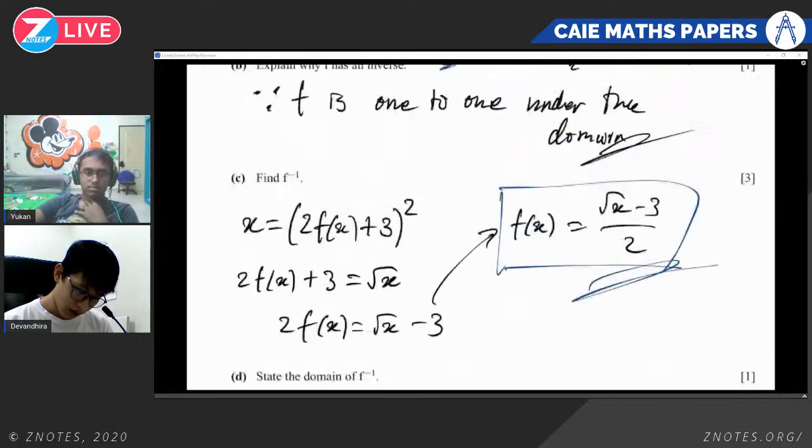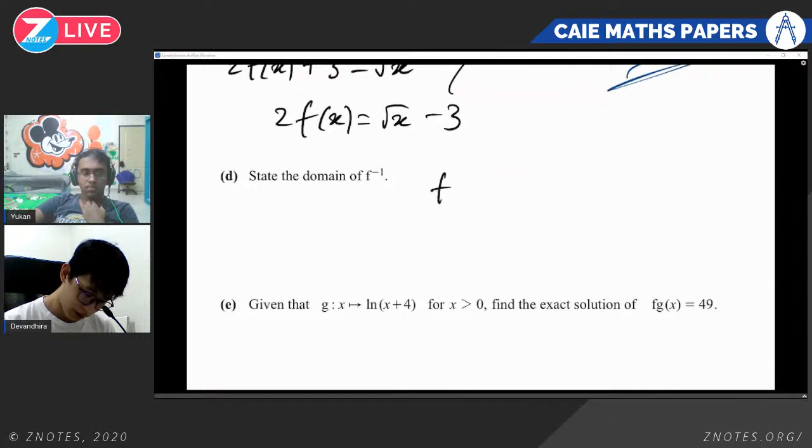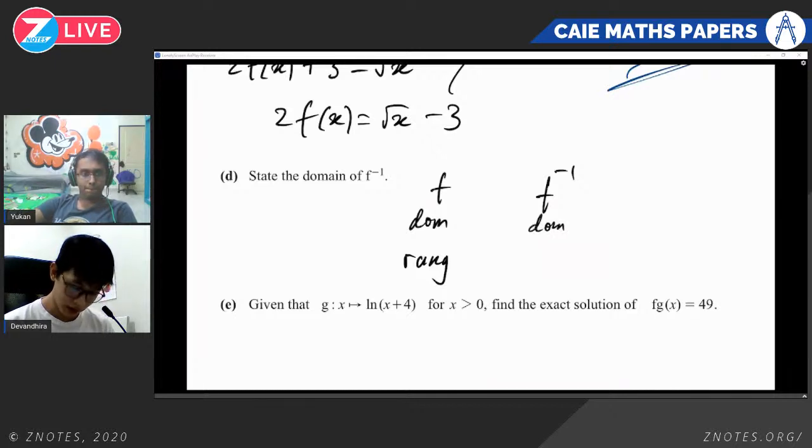Next question. State the domain of f inverse. So, for those of you who don't know yet, let's say you have your f here, you have your domain and your range. Then you find your f inverse, and you have your domain again, the f inverse domain, and its own range, of course.